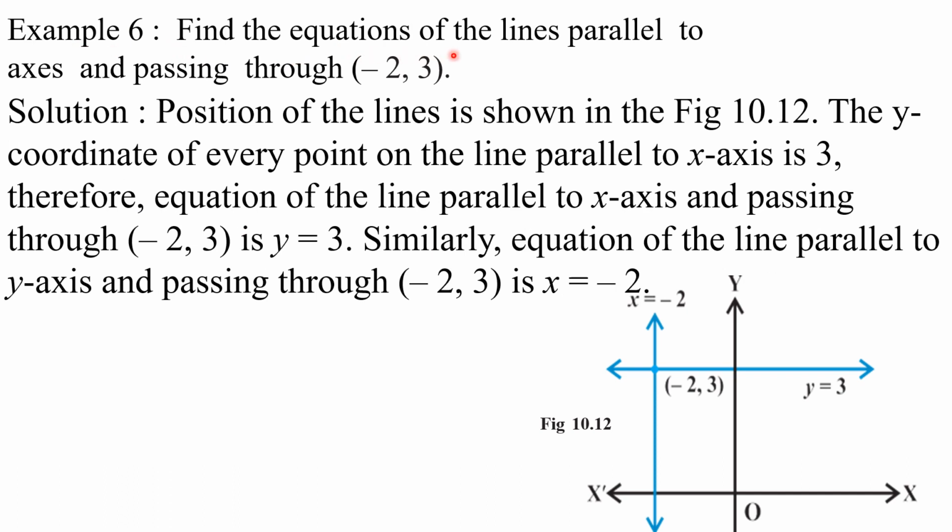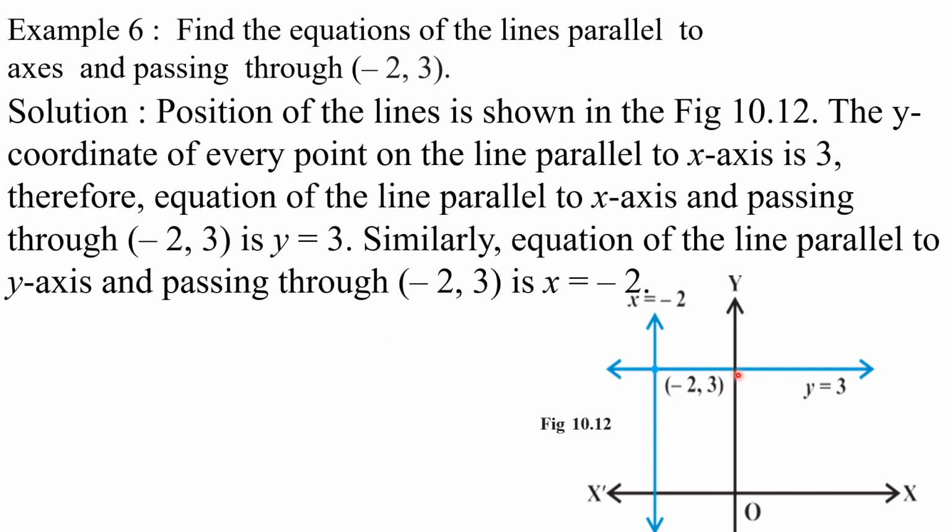Find the equations of the lines parallel to the axes and passing through the point, ordered pair, minus 2, 3. Okay, my children, we have to find the equations of the lines which are parallel to the coordinate axes and passing through the point minus 2, 3. Observe this figure, my children.